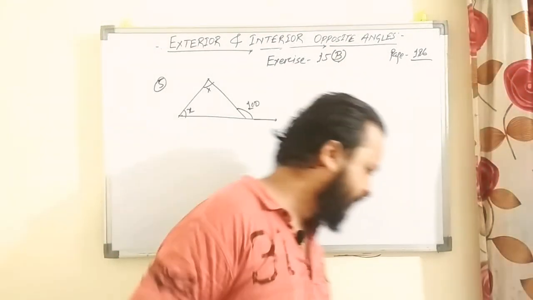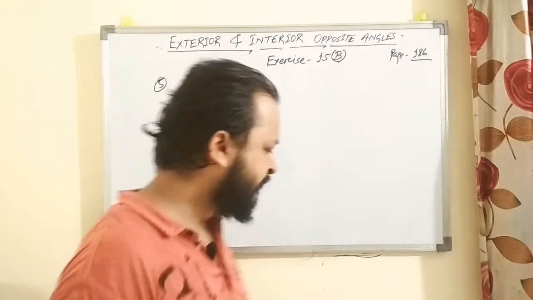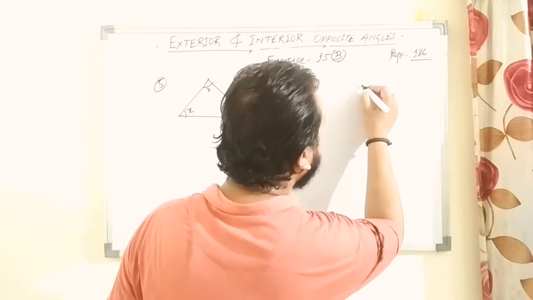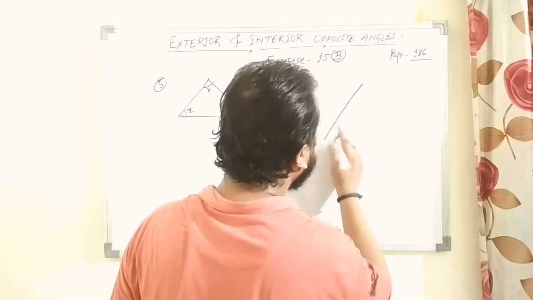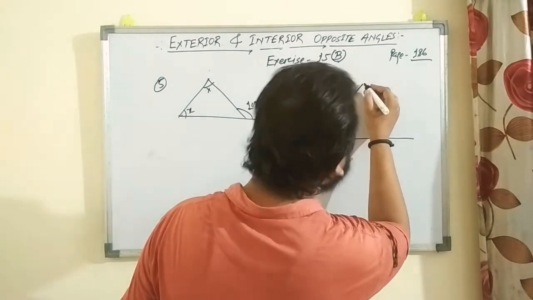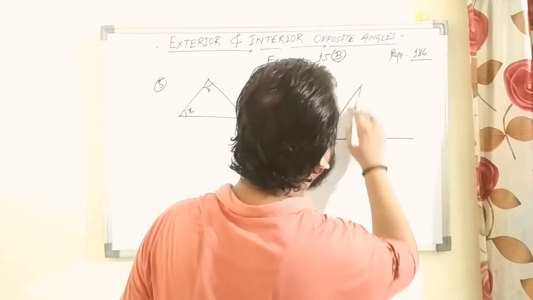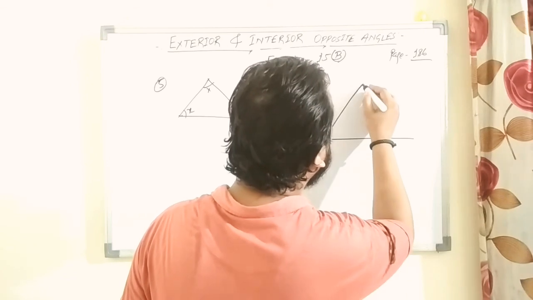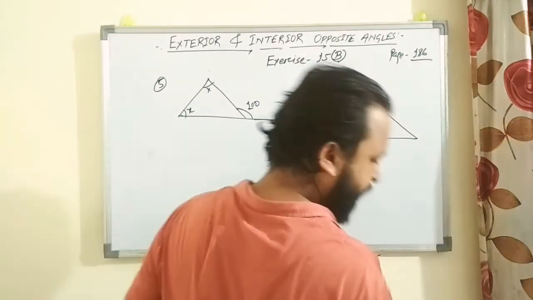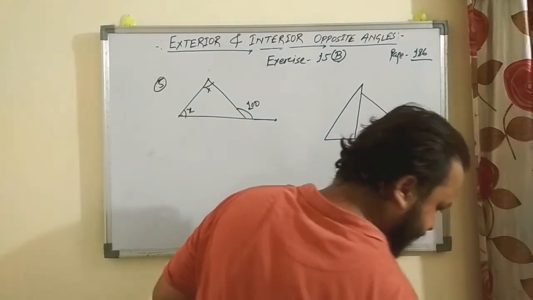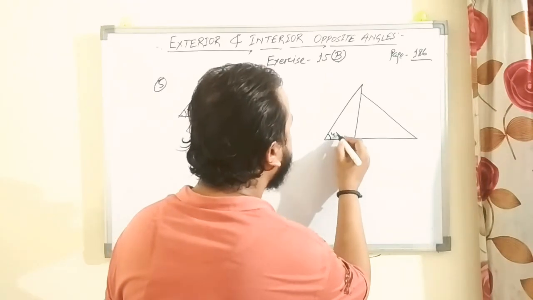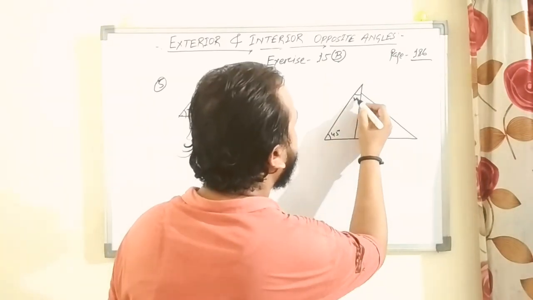Question number 6 is given. In the adjoining figure, you have to find it out. The figure is like this. Angles are given as 45. This is 25.